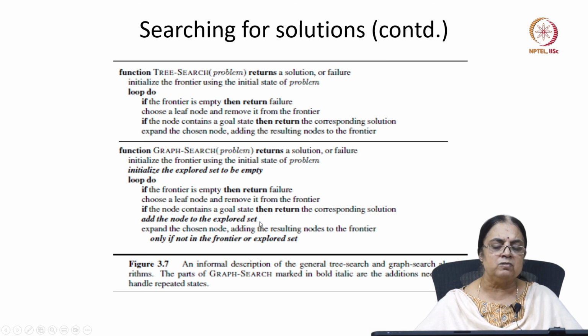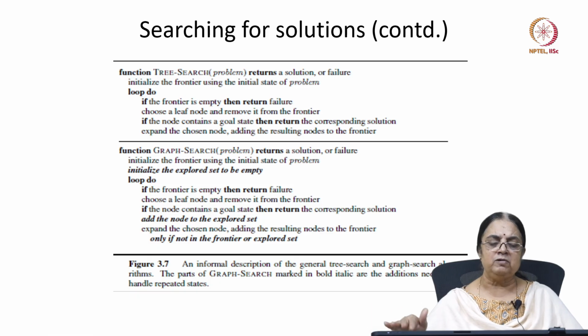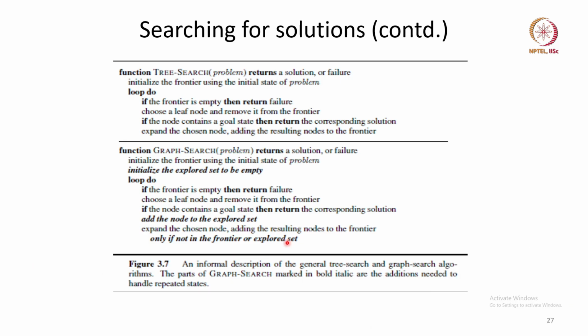As soon as you take a node and use it for expansion, you add it to the explored set. Then you expand the chosen node, adding the resultant nodes to the frontier only if they are not already in the frontier or the explored set. This is the extra thing added here as compared to the tree search.